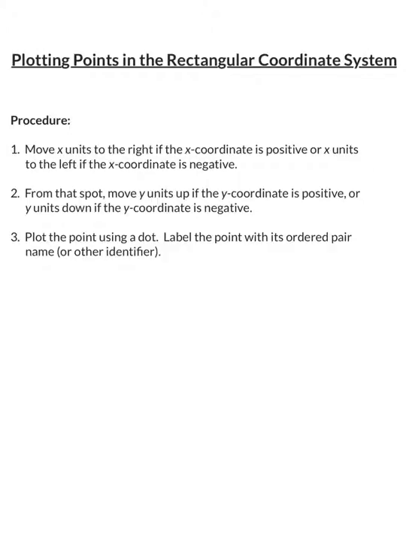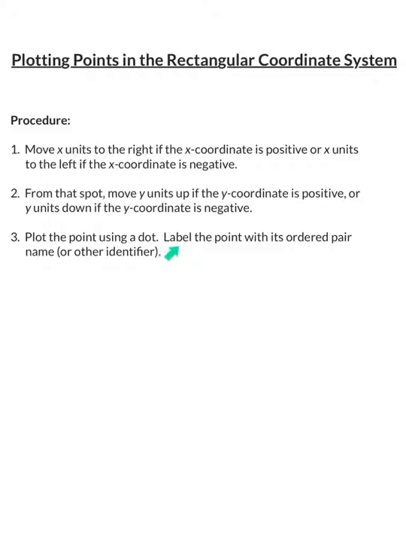Once we have arrived at the location indicated by the point or the ordered pair, we're going to do just like we did when we were talking about number lines. Remember, there were two things that I pointed out that we want to make sure we do. The first is plot the point using a dot. It's extremely important to put a dot on the paper rather than just pointing to empty space.